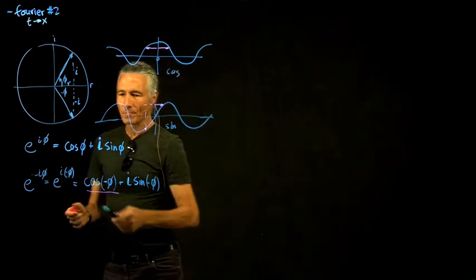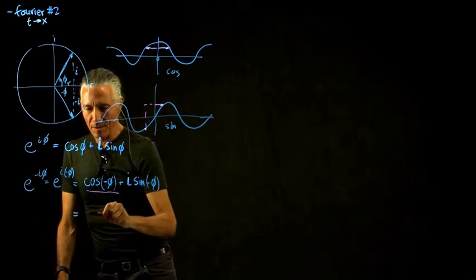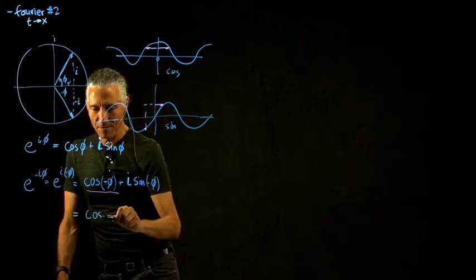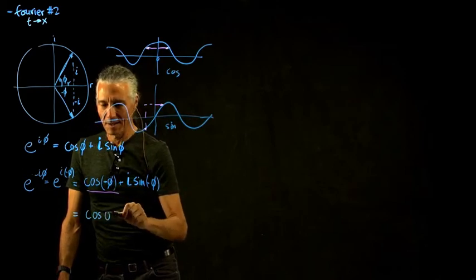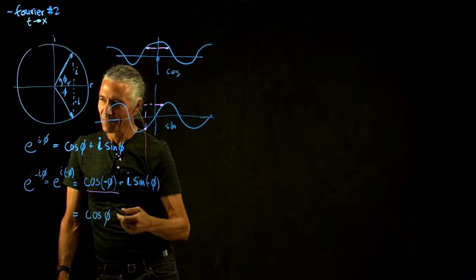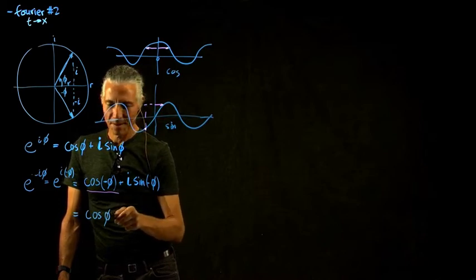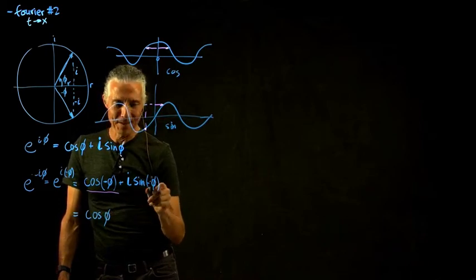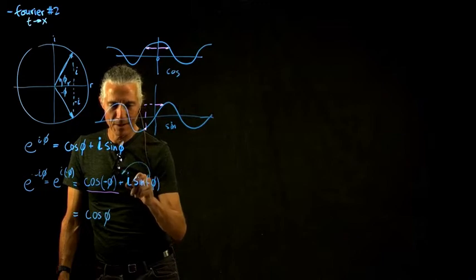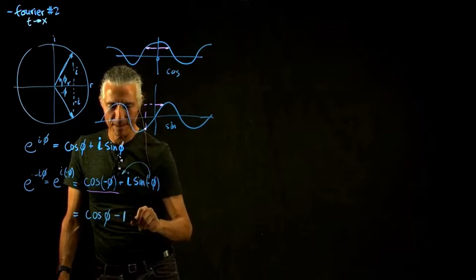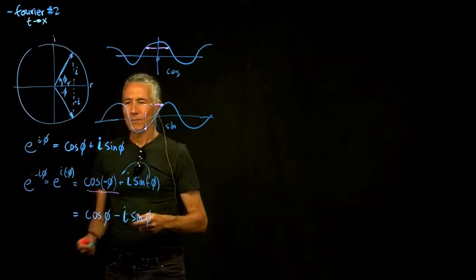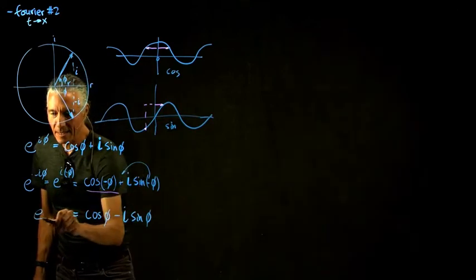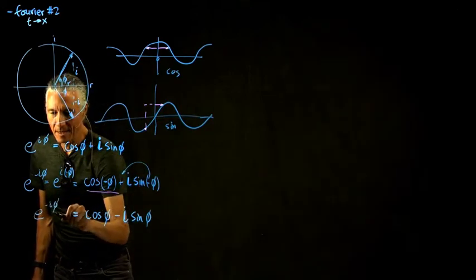And so what this boils down to is, since cosine of minus angle is the same as cosine of angle, it just boils down to the cosine of the angle. And so then this thing can come out and you can put this here. So they typically would write this like this. So that's e to the minus i.